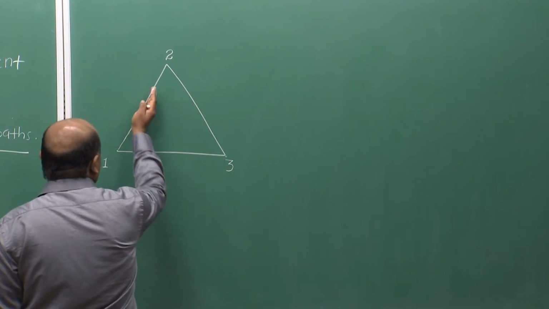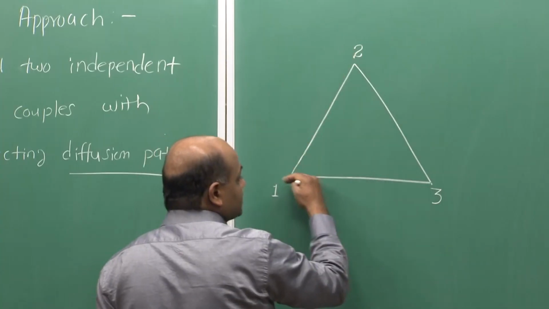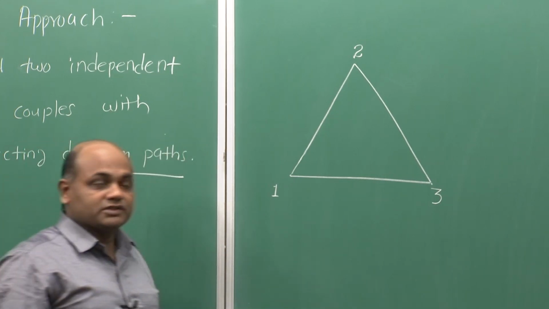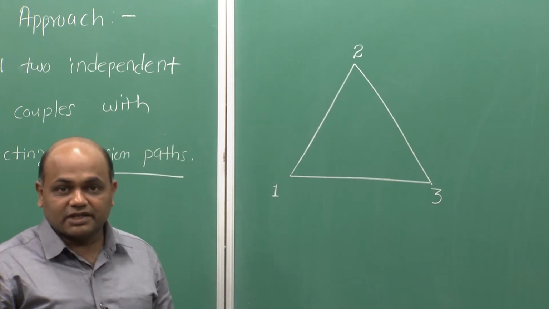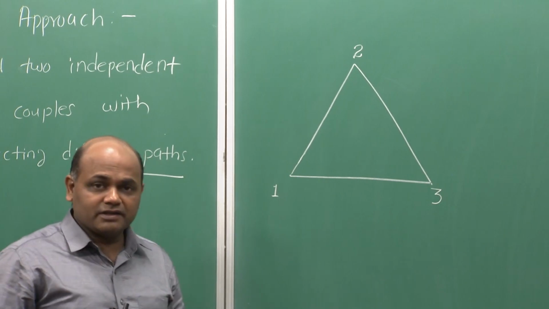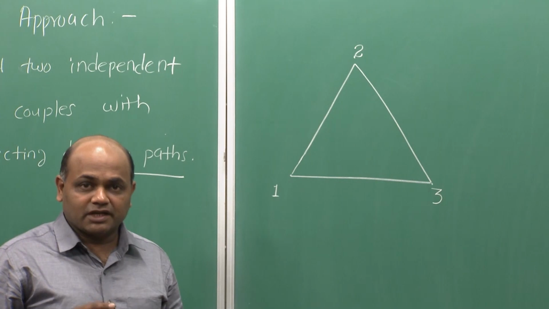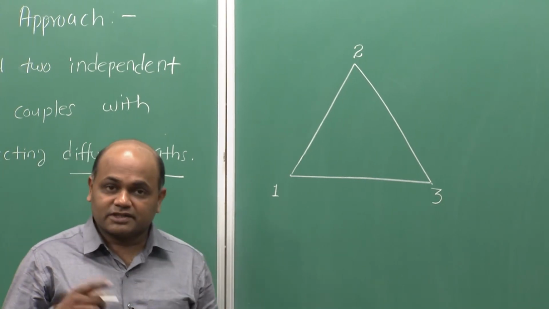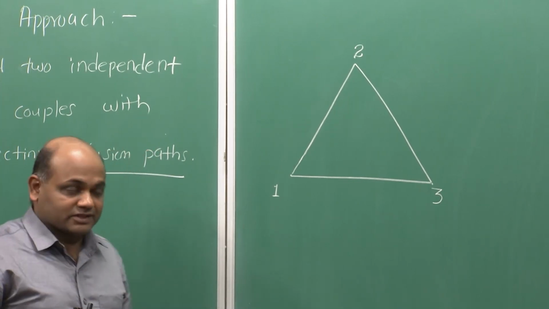Each side of the triangle represents the binary system. So, this is 1-2 binary, this is 1-3 binary, and this is 2-3 binary, and any composition that lies inside the triangle is a ternary composition. I would explain in a little more detail the ternary isotherms as we would need it for multiphase diffusion. I will explain it in a separate class, but right now it is just sufficient to know this.